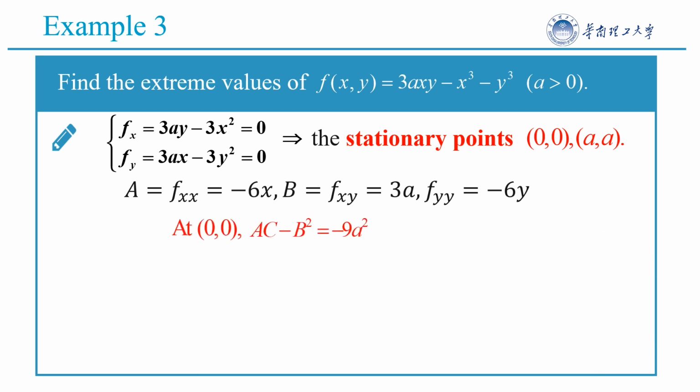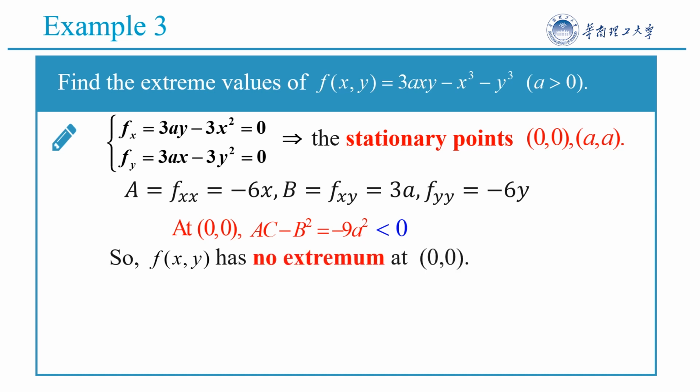At the point (0, 0), AC minus B squared equals minus 9a squared, so f(x, y) has no extremum at (0, 0).